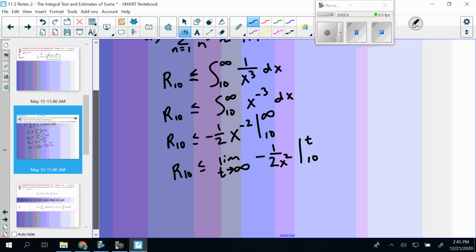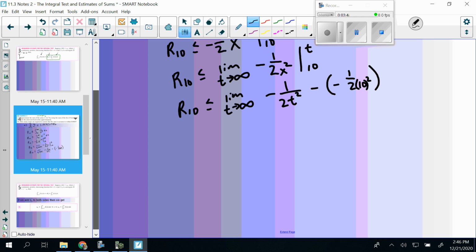So if we evaluate, now we have the limit as t goes to infinity of negative 1 over 2t squared, minus the opposite value of this over 10 squared.